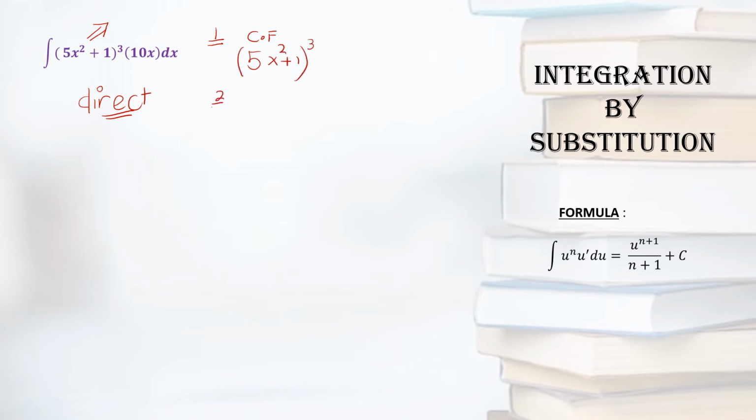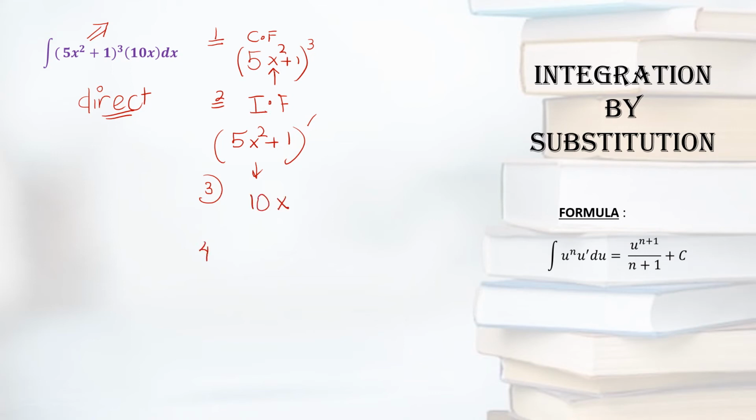The second step is to recognize where the inner function of the composite function is. The function which is written inside the bracket is said to be the inner function. The third thing is to take the derivative of the inner function. That is 10x.